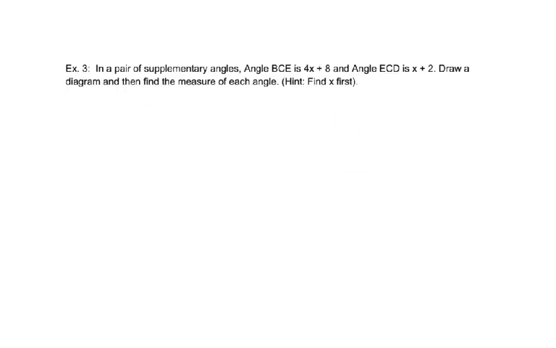Okay, and then in a pair of supplementary angles, we got angle BCE, and that's 4x plus 8. And then ECD is x plus 2, and they want us to find the measure of each angle.